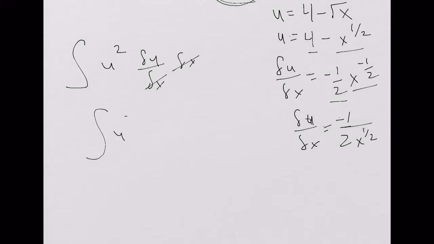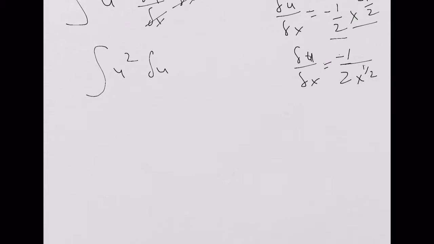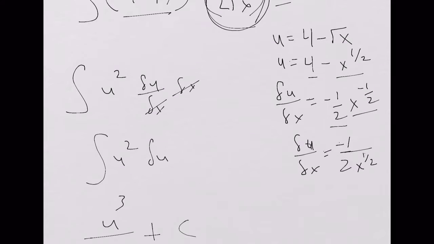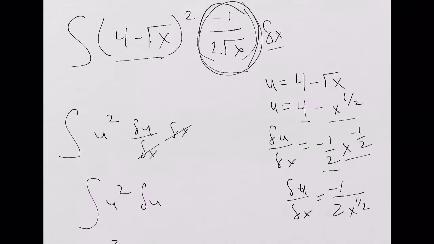So I have this u squared du. Well, that's just a simple power rule. So I would add 1 to the exponent, and then divide by that exponent, and then put a plus c. And I've found the integral. I've integrated it, the indefinite integral. The last thing that I should do, though, is put in what u is really equal to, because I started with an x, I should end with the x.